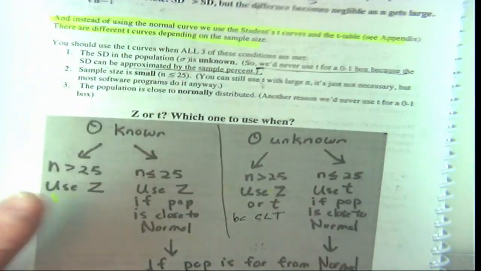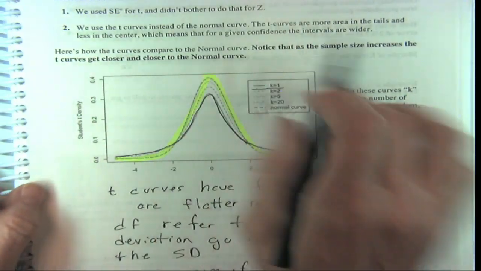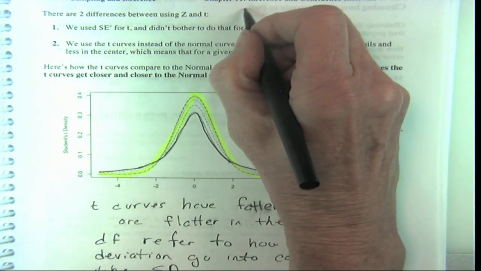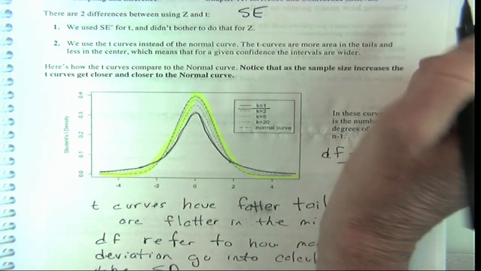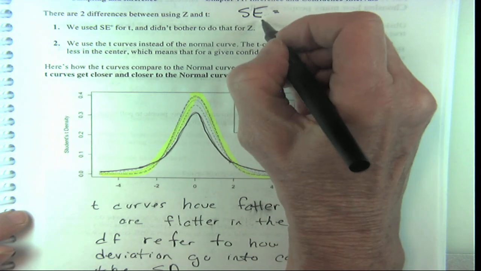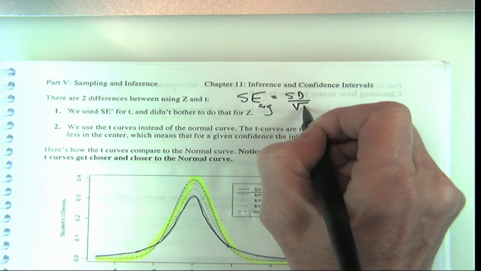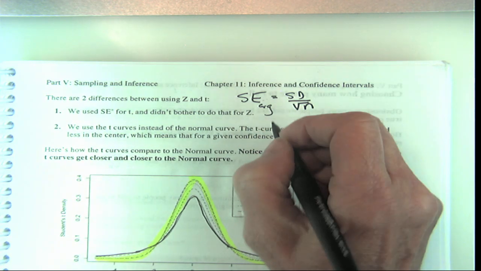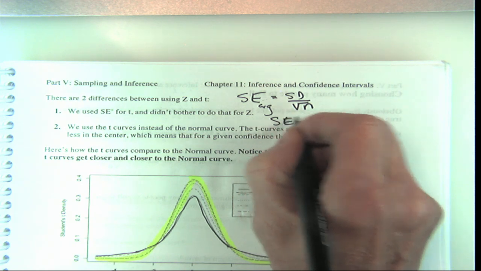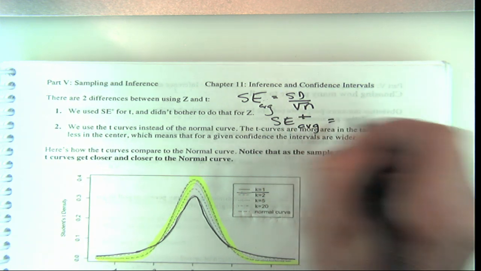And here, one other thing I should write right up here. We said the standard error for the average, we're doing these for average problems only, is equal to the SD over the square root of n. Now, what's the standard error plus for the average if we're using the t?